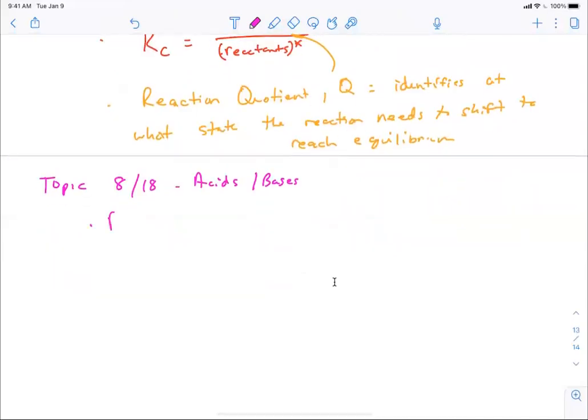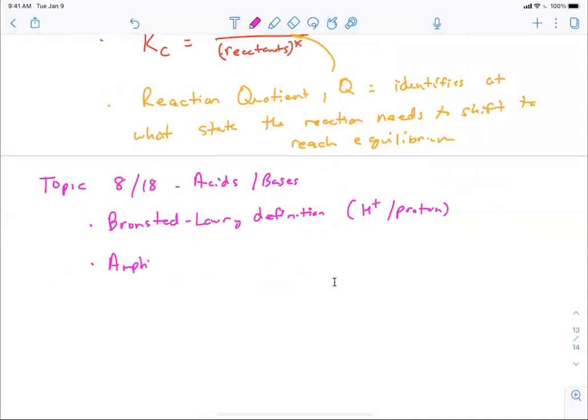Acid base. You need to know the Bronsted-Lowry definition of acids and bases, and that involves a proton or an H+, donor and acceptor for acid base, respectively.